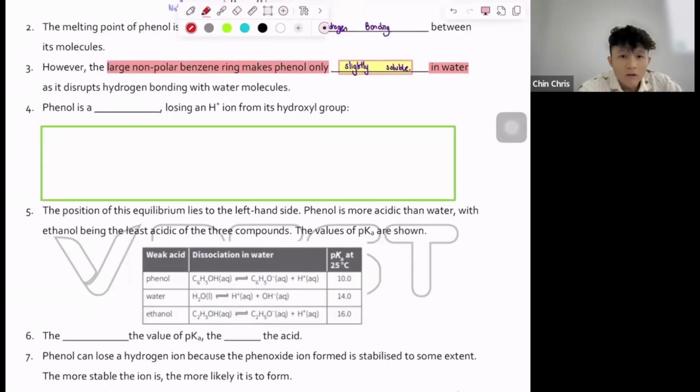Okay, now let's look at phenol. Phenol itself is a weak acid. Remember that, phenol is a weak acid.